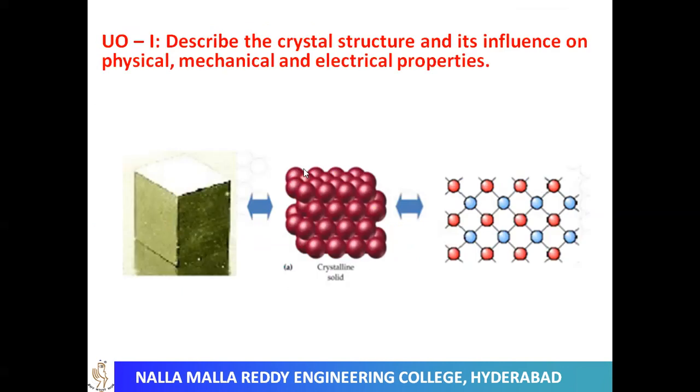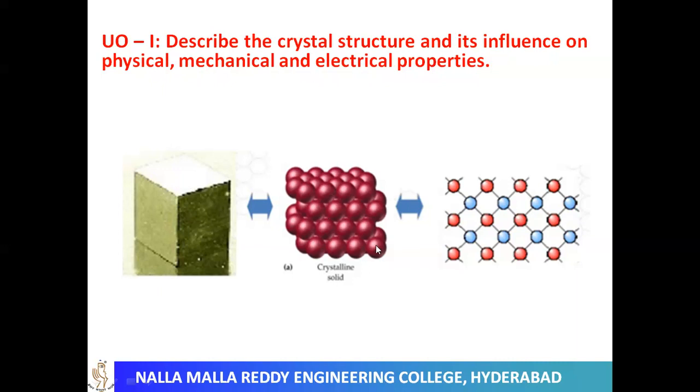Let's talk about unit outcome 1, that is, describe the crystal structure and its influence on physical, mechanical and electrical properties. Consider a crystal. We know that the main characteristic of crystalline solids is its regular and repeating pattern of constituent particles.